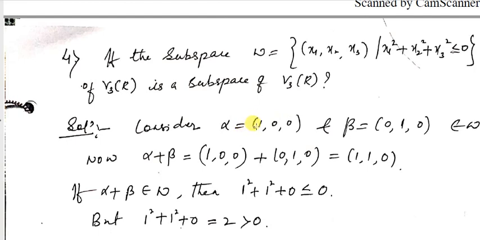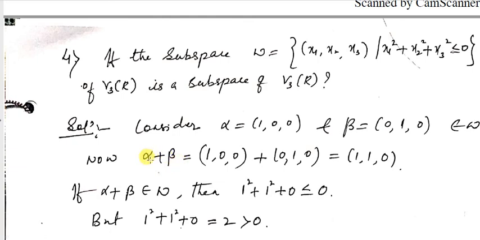Here I will consider the standard vectors in the form alpha equal to 1, 0, 0 and beta equal to 0, 1, 0, which belong to W. So what is their sum? The sum gives 1, 1, 0. If alpha and beta belong to W, we can say W is a subspace.